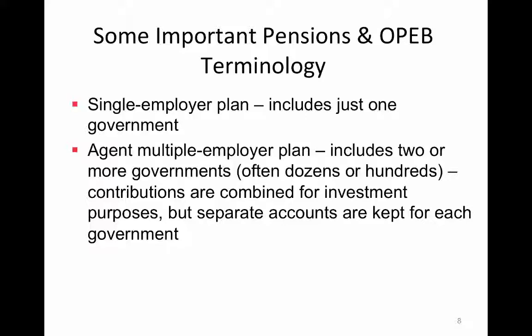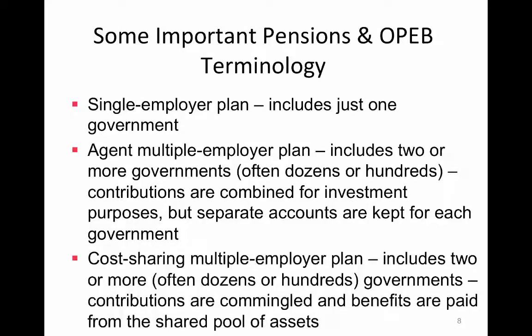But separate accounts are kept for each government so that benefit payments to that government's employees are only made out of that government's account. That's different from a cost-sharing multiple employer plan in which the contributions from the participating governments and from their employees are not only pooled for investment purposes, but all of the benefits are paid out of that common pool of assets.